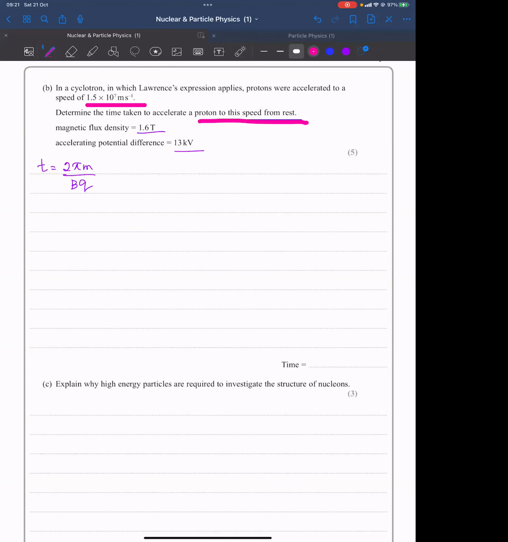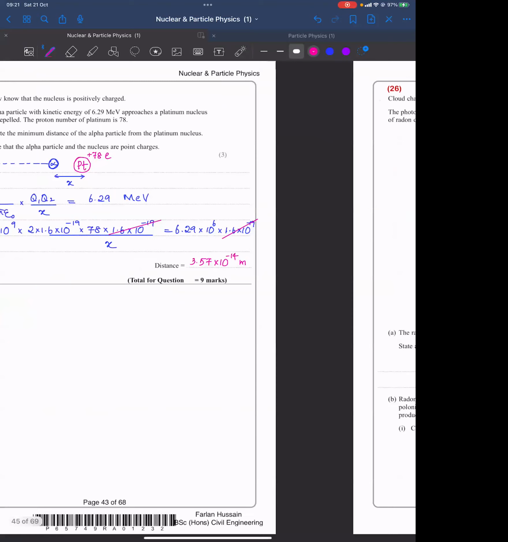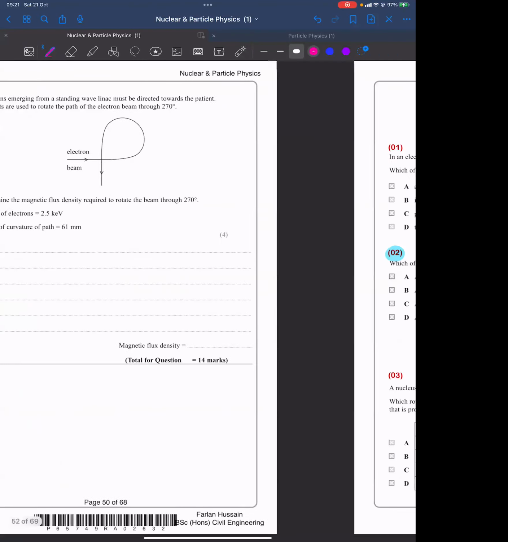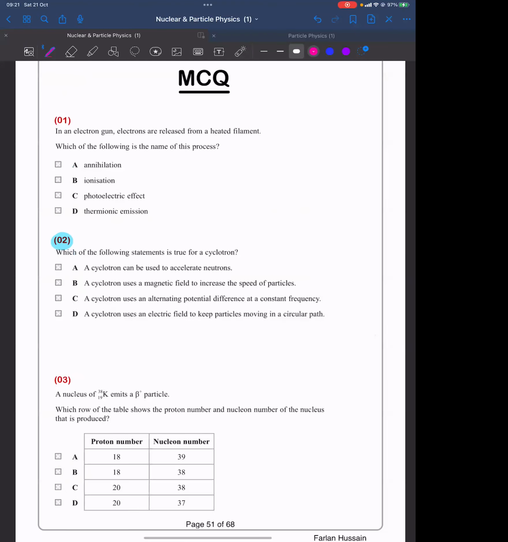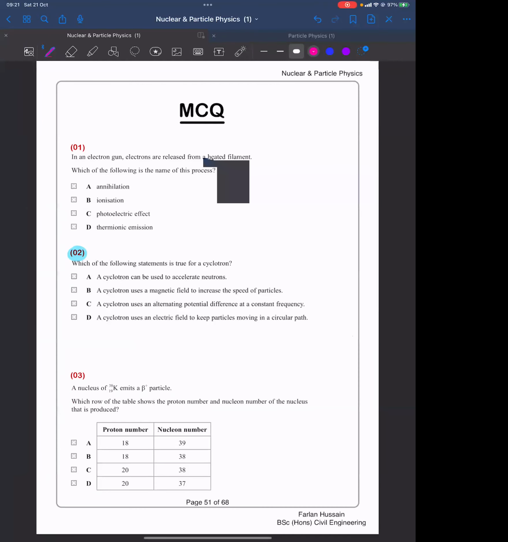Anyway, we'll come back to this question. What are the MCQ questions we have to do? Starting from question 2. Let's turn to the MCQs, page number 51.